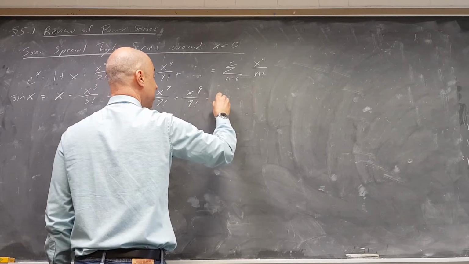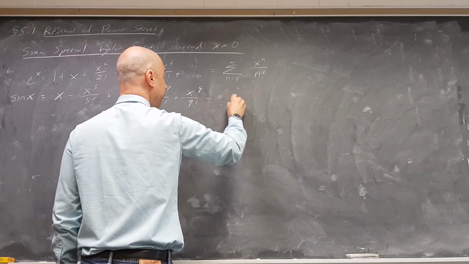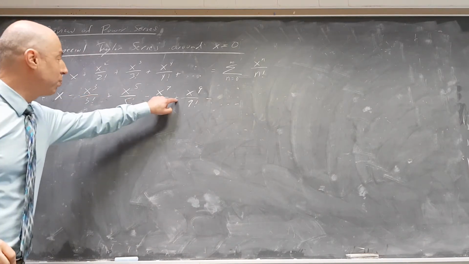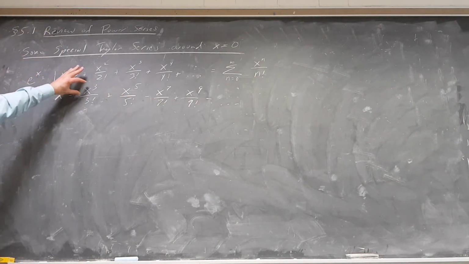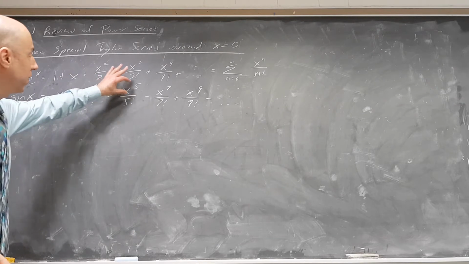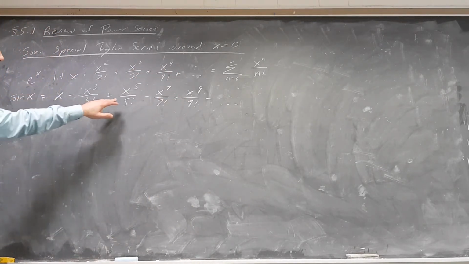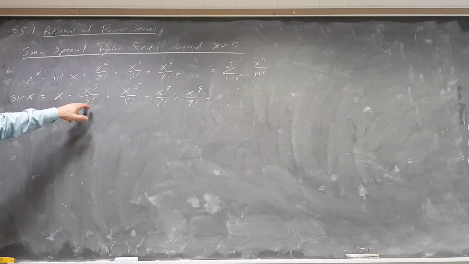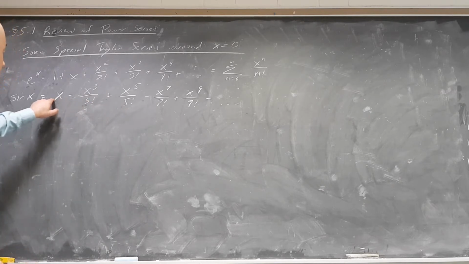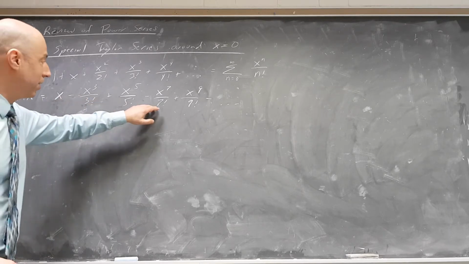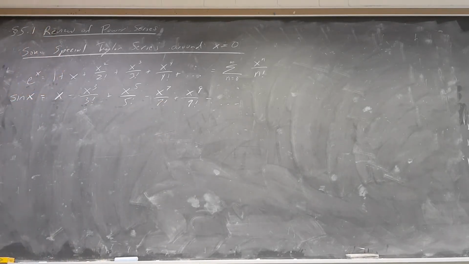The next one will be minus, and so on forever. We go plus, minus, plus, minus, plus. We only have the odd exponents of x, and of course we have the odd factorials on the bottom. X over 1 factorial, which is just 1, 3 factorial, 5 factorial, 7 factorial, 9 factorial, and so on.